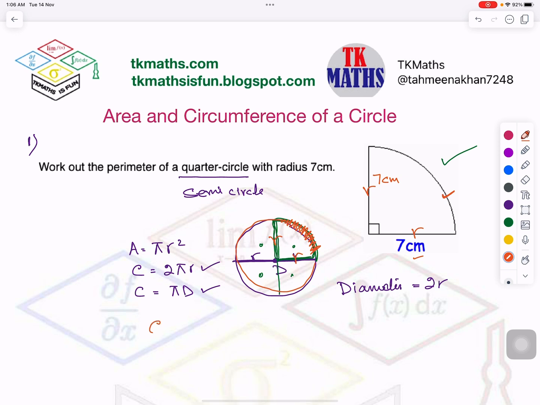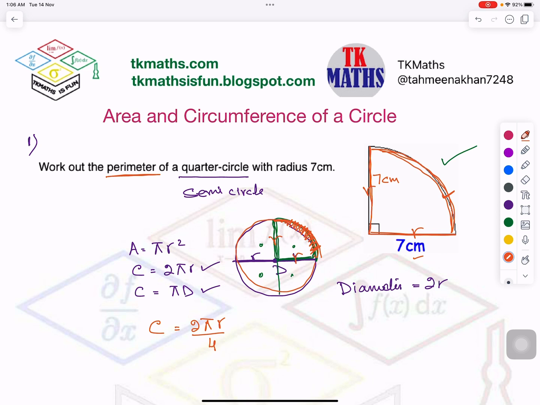So if you take the circumference 2 pi r and divide it by 4, you will get this arc length, which is 1/4 of the whole circumference of the circle. So if the question is saying find out the perimeter of a quarter circle, perimeter means the boundary around a shape. So the boundary around this shape will be this length 7 plus this length 7 plus this arc length, which we will find out, and then I will add up all 3.